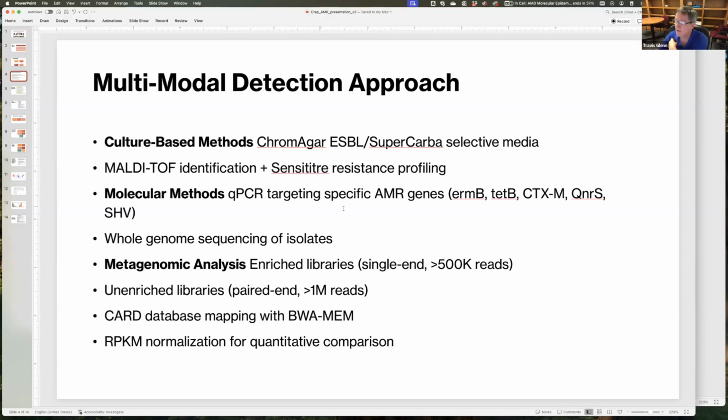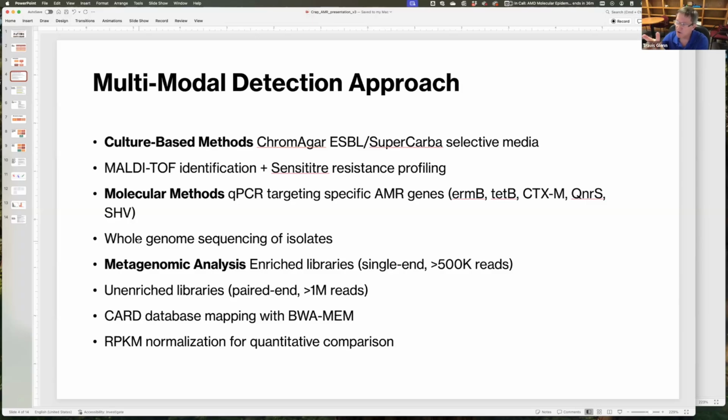Then we did qPCR on specific AMR genes, 5 of them that I'm going to talk about in a little more detail. We did whole genome sequencing of 1 colony per person.